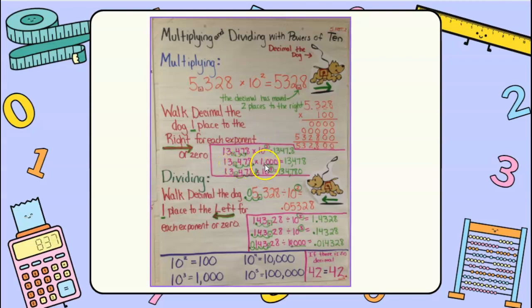If it's times 1,000 or 10 cubed, my decimal goes 3 place values. The number of zeros also equates to the amount of places that my decimal is going to move. So if we have an exponent or a base 10 number, that's going to make it easiest for us to move our decimal point and get our product.